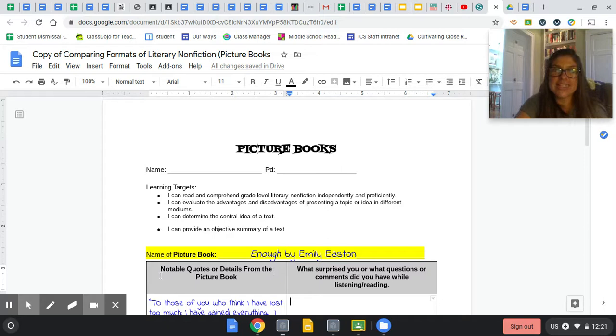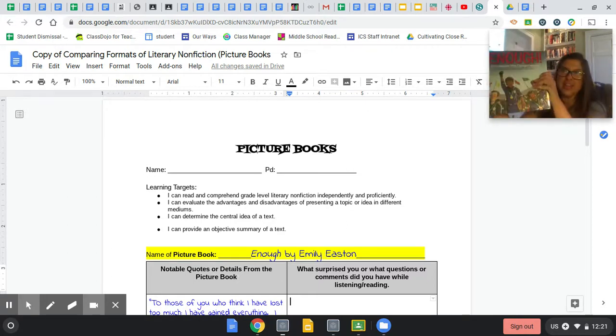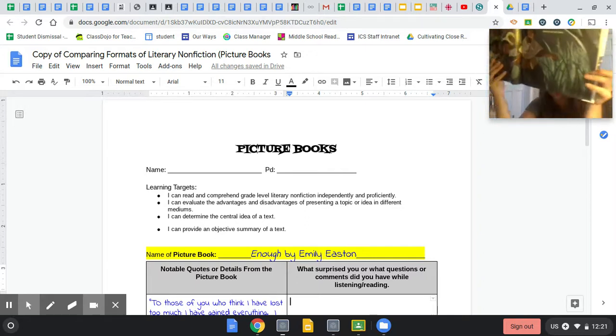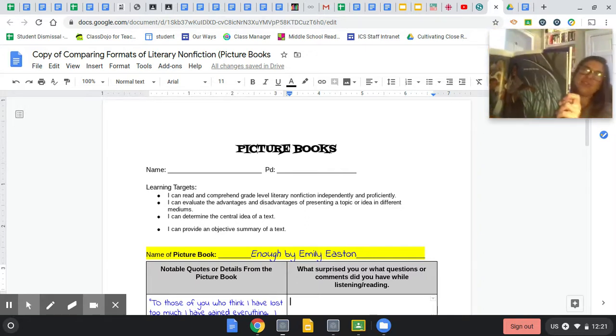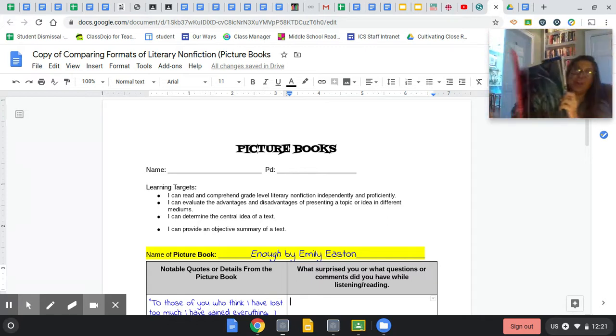And the first task says, look for notable quotes or details from the picture book. So one of the advantages of using the medium of picture books is that you get to have an illustrator illustrate the book for you and put all kinds of details into the artwork.